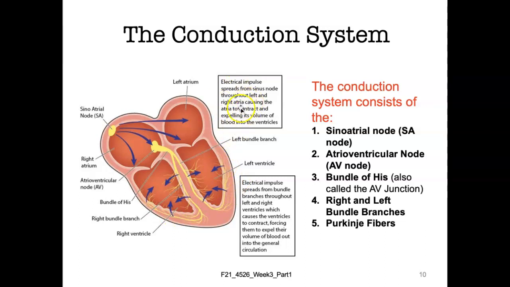You can read this here. The electrical impulse spreads from the sinus node throughout the left and right atria, causing the atria to contract and expel their volume of blood into the ventricles. Then the electrical impulse spreads from the bundle branches through the left and right ventricles, which causes the ventricles to contract, forcing them to expel their volume of blood out into the general circulation.